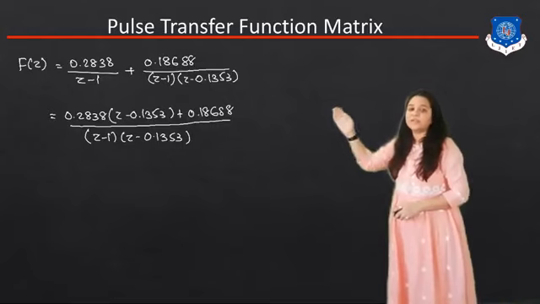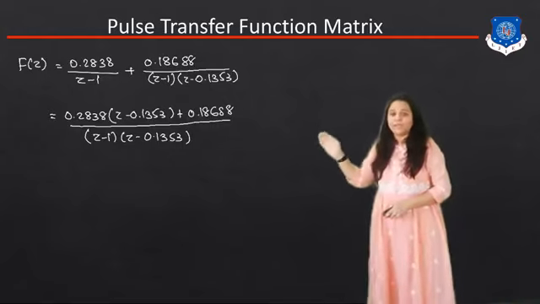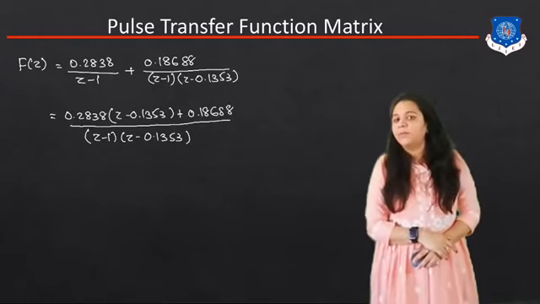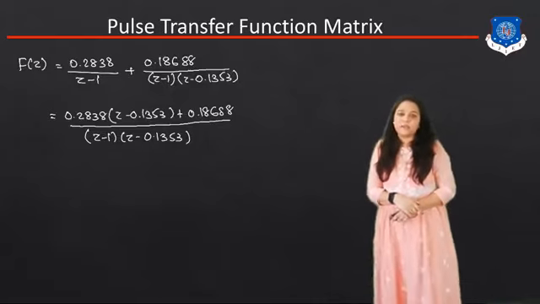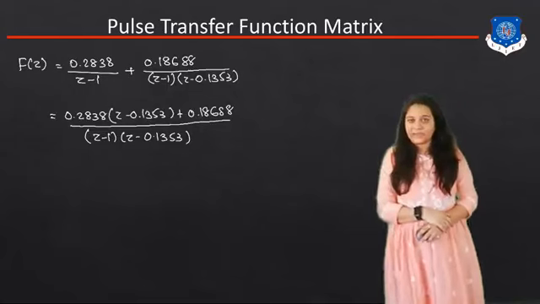Now simplify this equation, we can get the function of z is equal to 0.2838 in the bracket z minus 0.1353 plus 0.18688 upon z minus 1, z minus 0.1353.